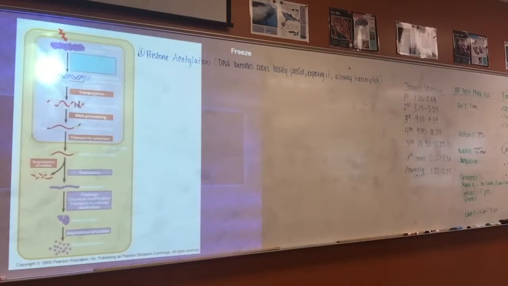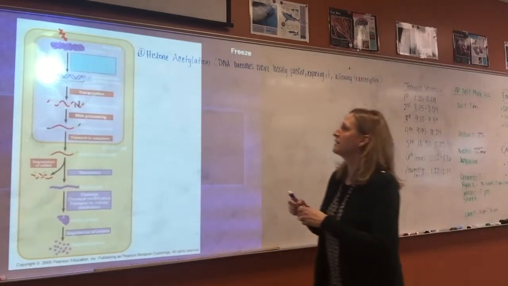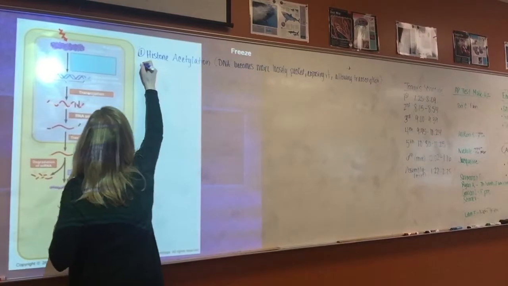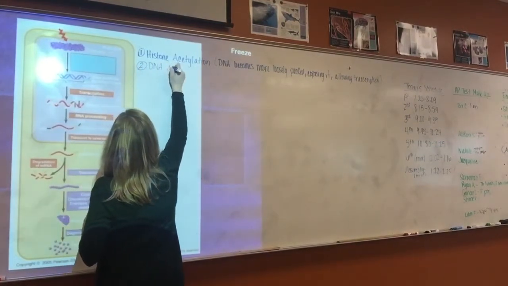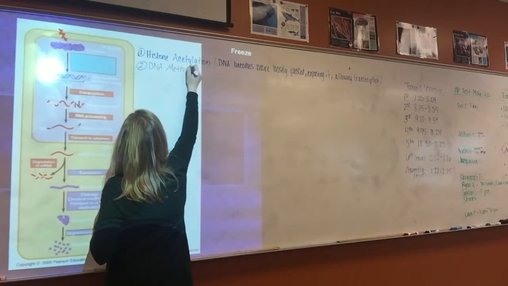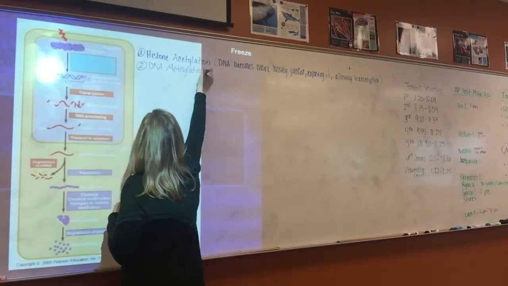Another thing that can happen before transcription can happen, Max? Yeah, methyl groups are added to the bases of the DNA, and this is called DNA methylation, adding methyl groups to the bases.